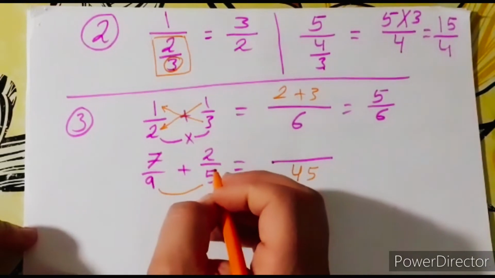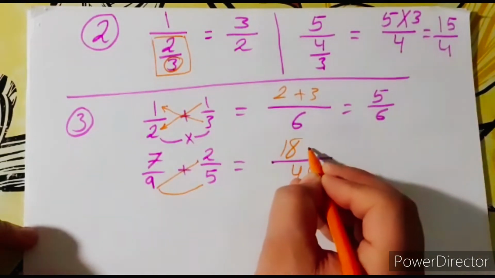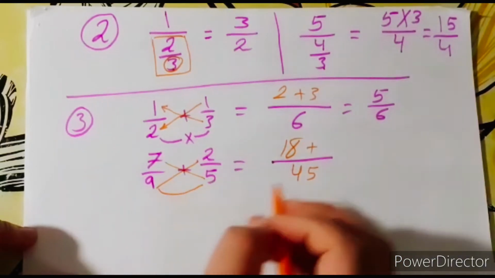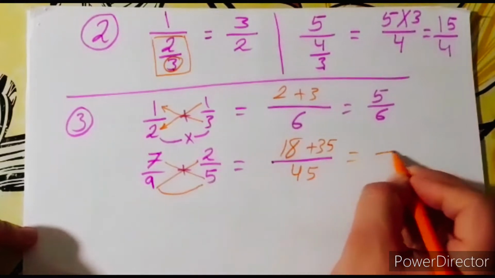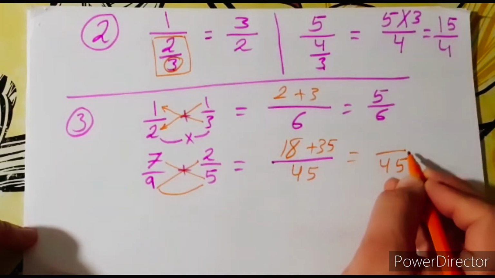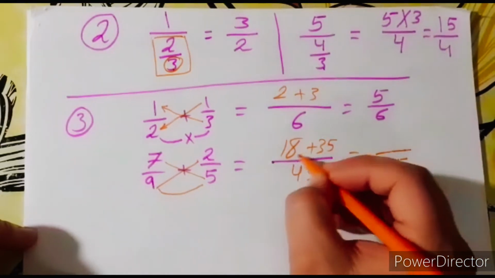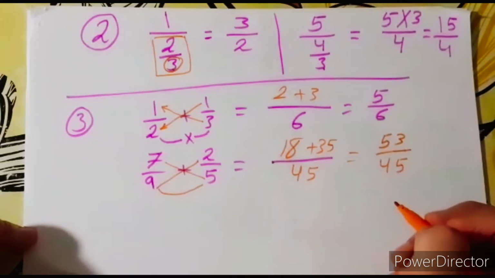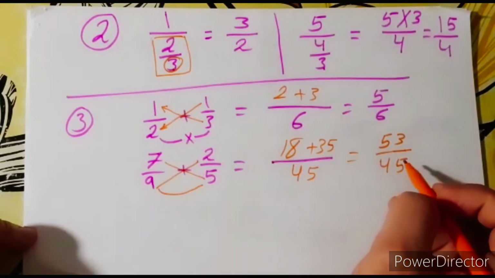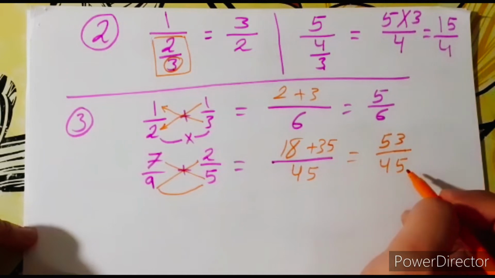Then do the cross multiplication: 9 times 2 equals 18, plus 5 times 7 equals 35. Now we can write the same denominator, and 35 plus 18 is 53. Then the result is 53 over 45.